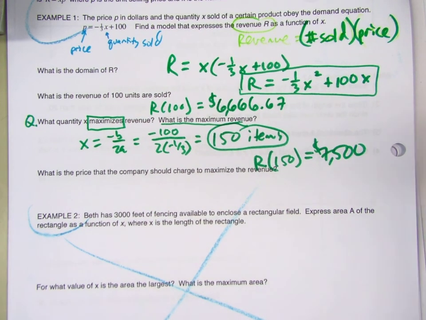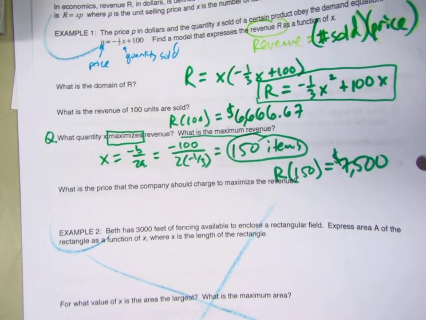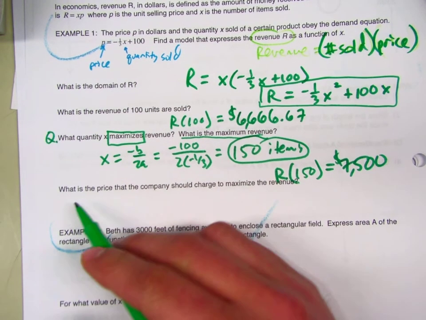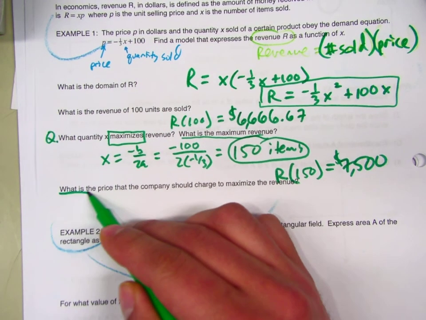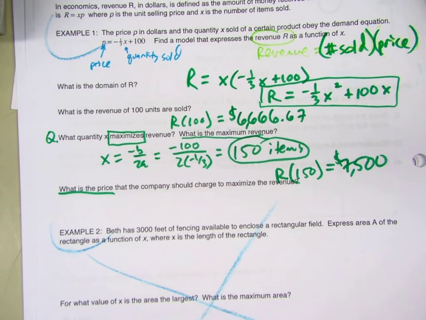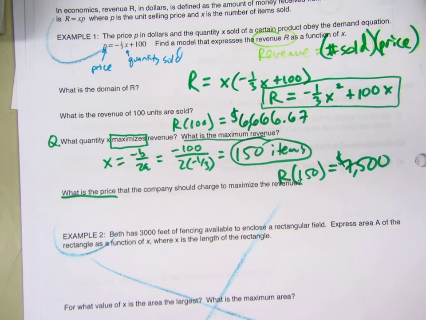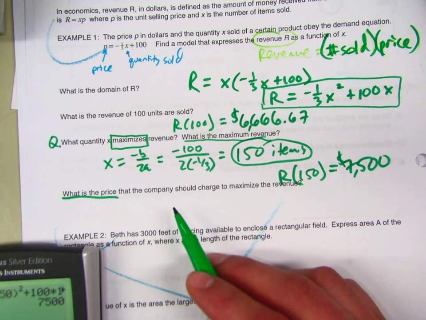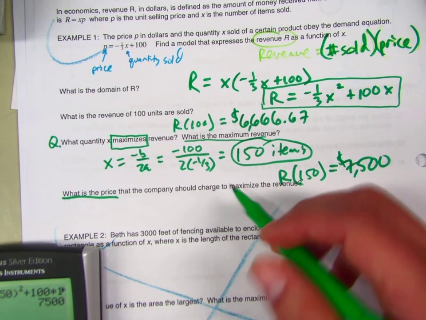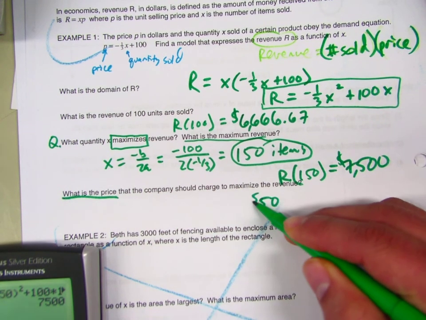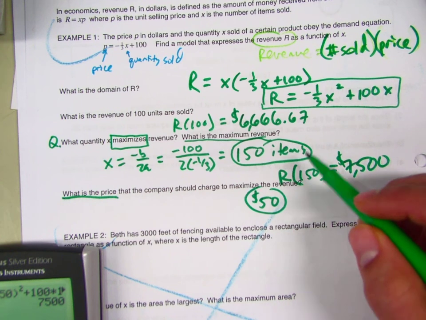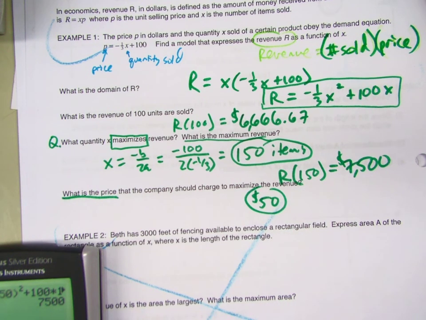Okay, let's see if we can quickly do the last problem, which is, oh, forgot to answer the question. What is the price that we need to sell? How'd you get that? 7,500 divided by 150. Now, if you guys don't see that, I always like to treat things very literally.